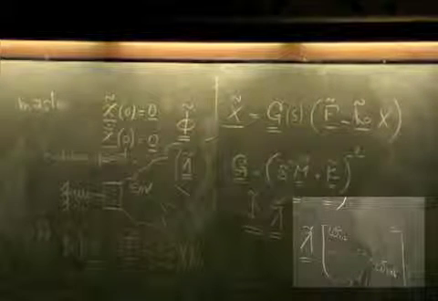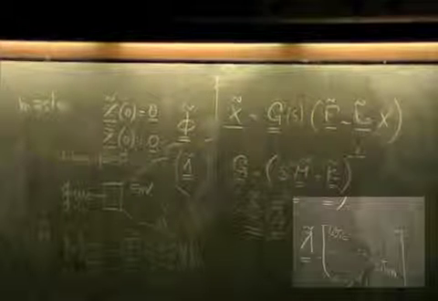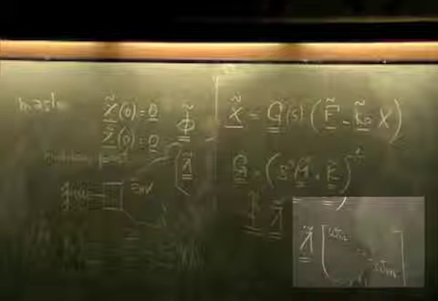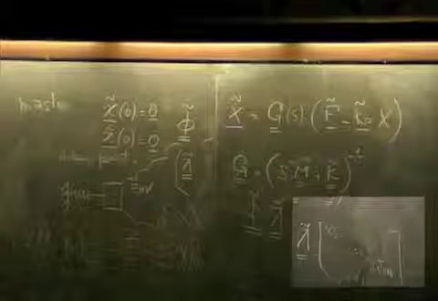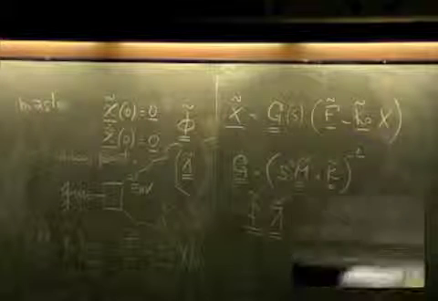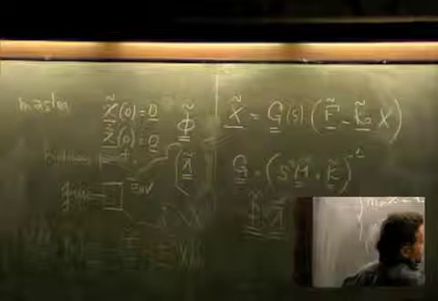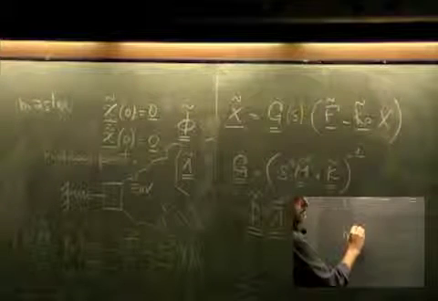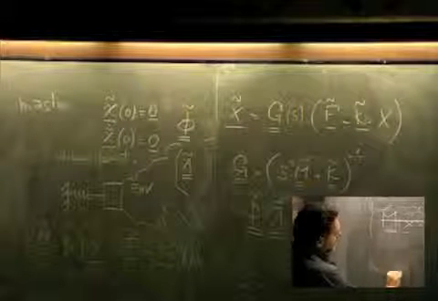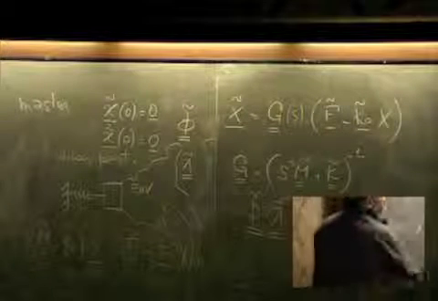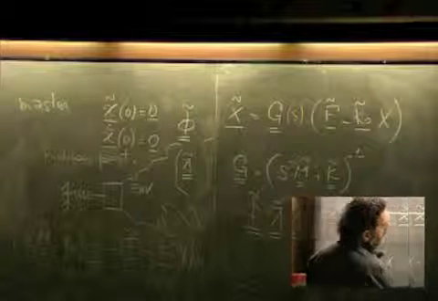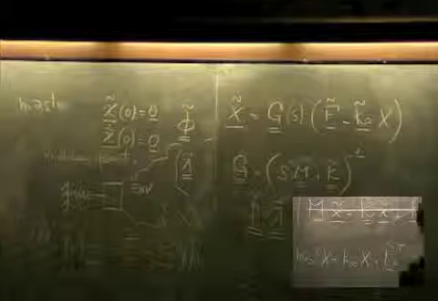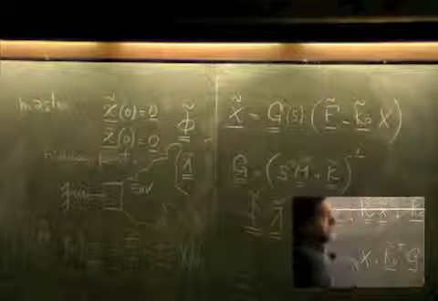Okay? Then if you plug this expression into the first equation, you can get a nice result, because at this point we don't want to see this equation anymore, and we can simply get this expression here. Here you have the expression for x flex, that is simply the G matrix.